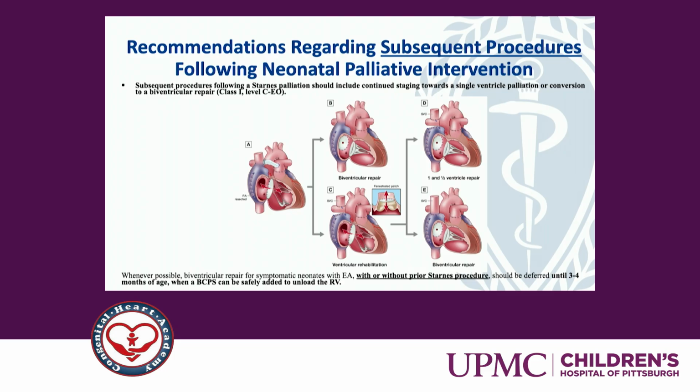Whenever possible, biventricular repair for symptomatic neonates with Ebstein anomaly, with or without Starnes procedure, should be deferred until 3-4 months of age, when bidirectional cavopulmonary shunt can be added safely to unload the right ventricle.